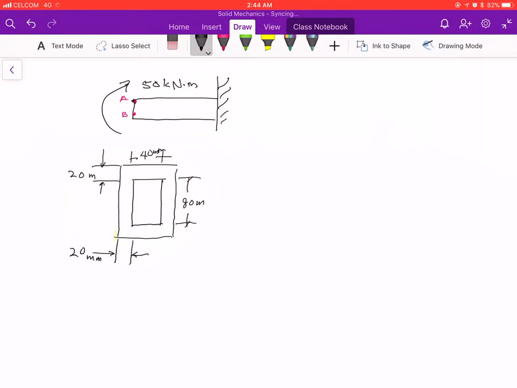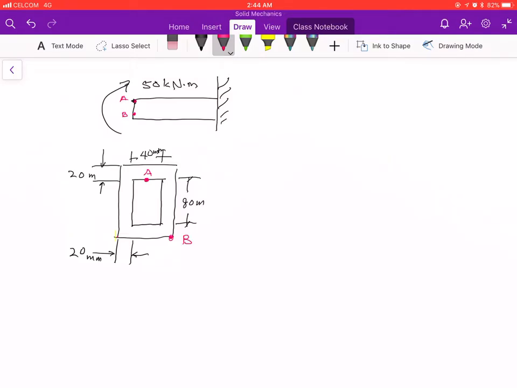My A is actually somewhere here. That's my A, and my B is actually here.